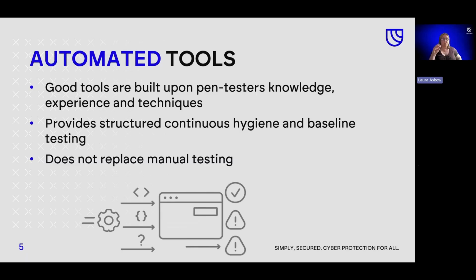I would stress that it does not, in my mind, replace a manual pen test, because these give you a good baseline. They have their place. They're great for compliance. They're great for not waiting a year to find out that actually the thing that you thought you fixed, you haven't fixed, or that the thing that was fixed has now been introduced somewhere else in the network. But as I say, I don't think they replace manual pen testing, because manual testing is more objective driven, as opposed to this, which is more of a process that is repeatable, that you can do time and time again.